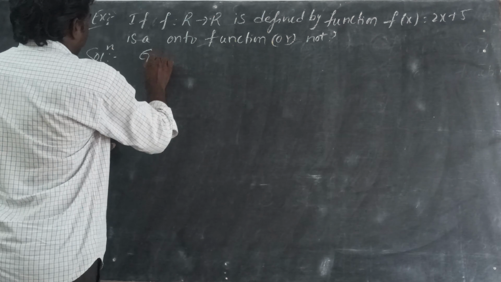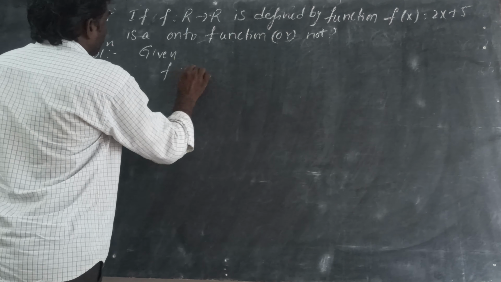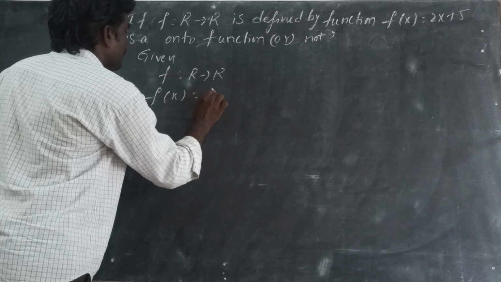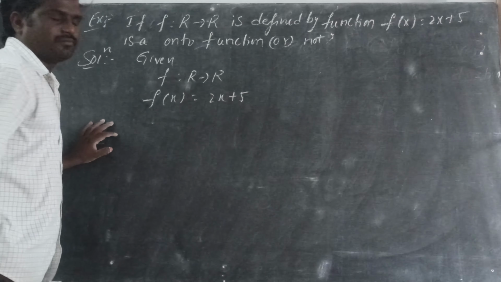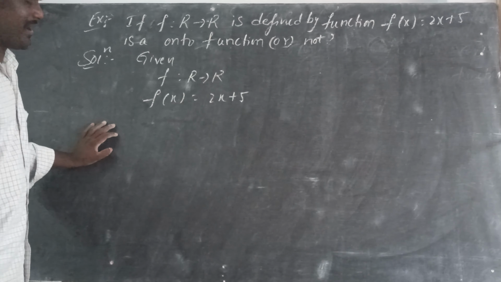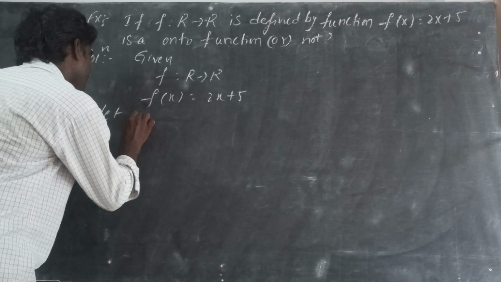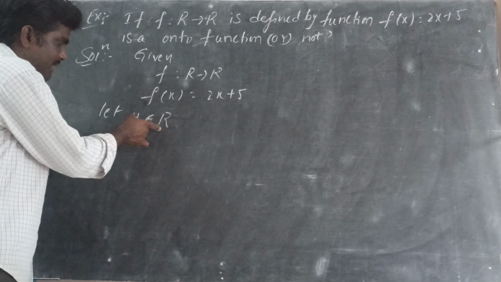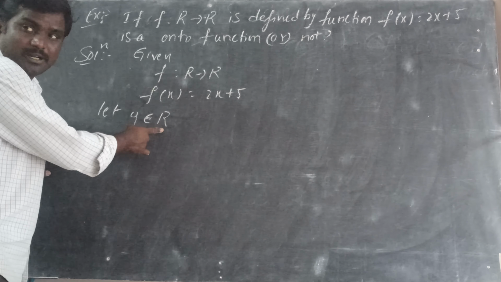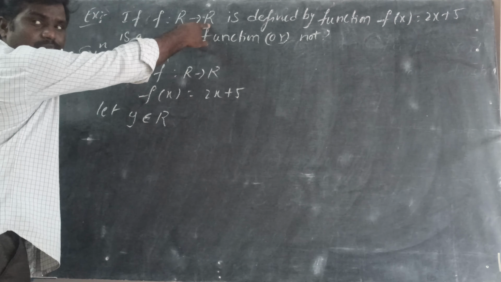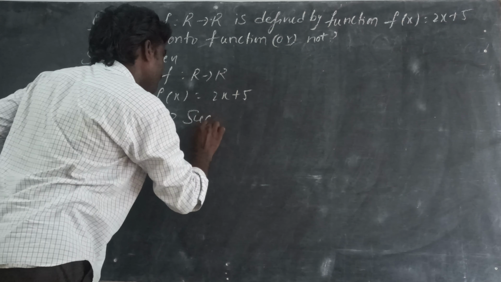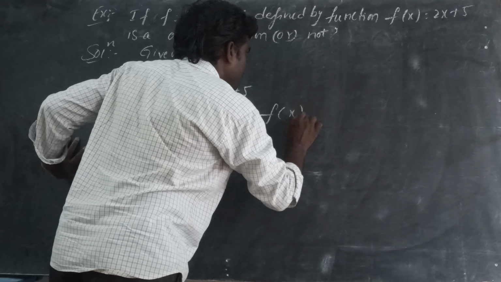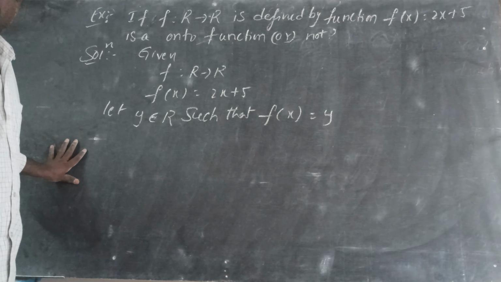Given f from R to R is defined by f of x is equal to 2x plus 5. So let y belong to R. Here y belongs to the codomain R, such that f of x is equal to y.